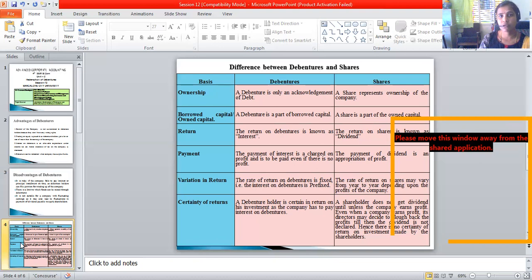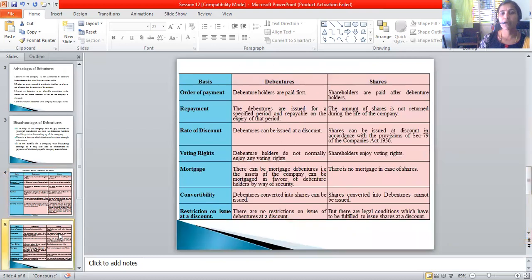Such is the certainty of income. Whereas in case of shareholders, it is not so. The company has to earn profits to declare dividends, and that too depends on the decision taken in the meeting regarding the rate that they need to pay.